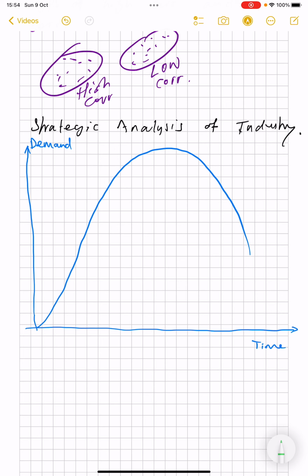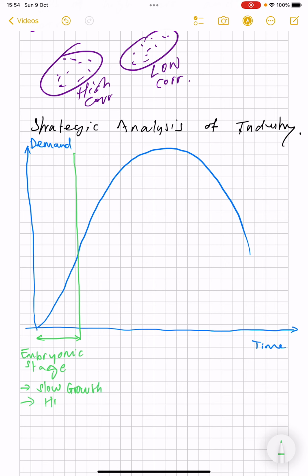So you will see that on the first stage here, this is the embryonic stage. In the embryonic stage, what you have is a slow graph, as depicted by the graph.